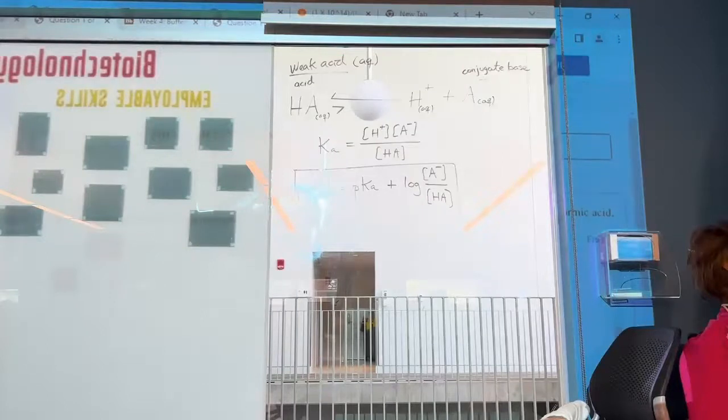So it says there, what is the ratio of the conjugate base over the acid at pH 2.75 of a substance known as formic acid?